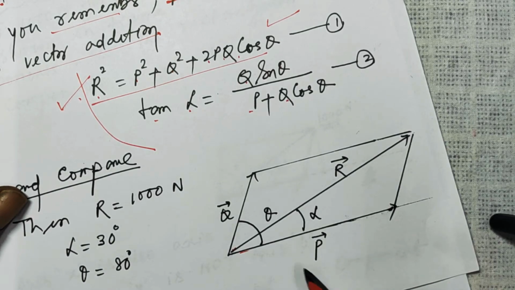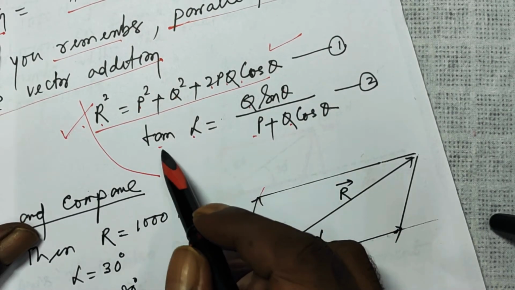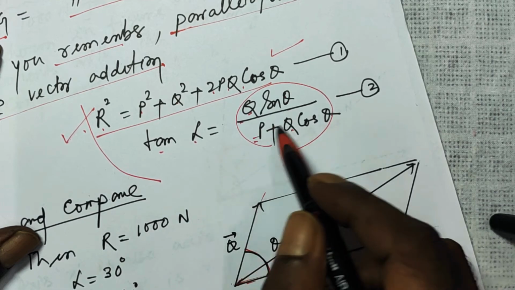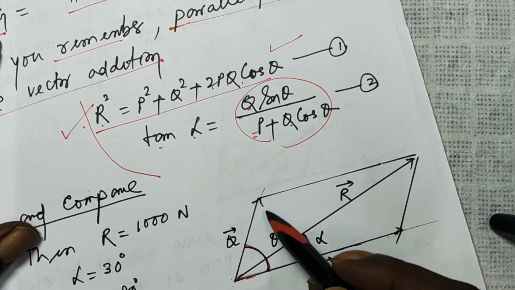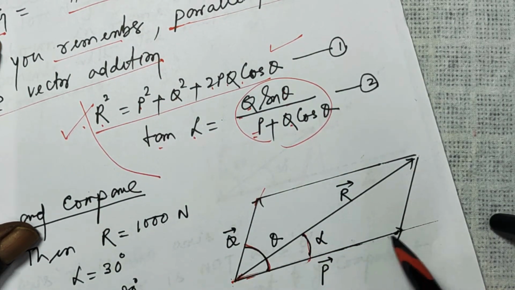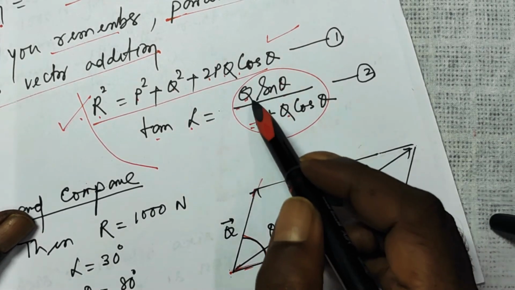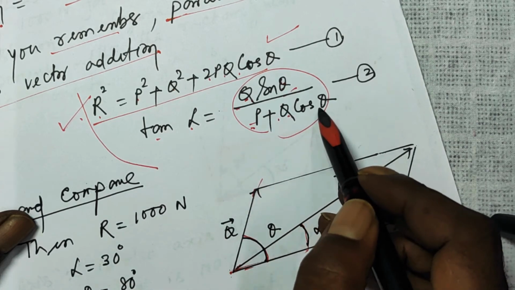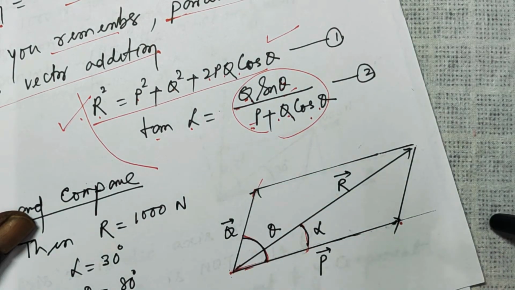Now, if this is P, this is Q, and this is theta, then the tan of this angle is Q sin theta over P plus Q cos theta. If you consider this as P and this as Q, then this expression will be P sin theta over Q plus P cos theta. You have to be careful here.